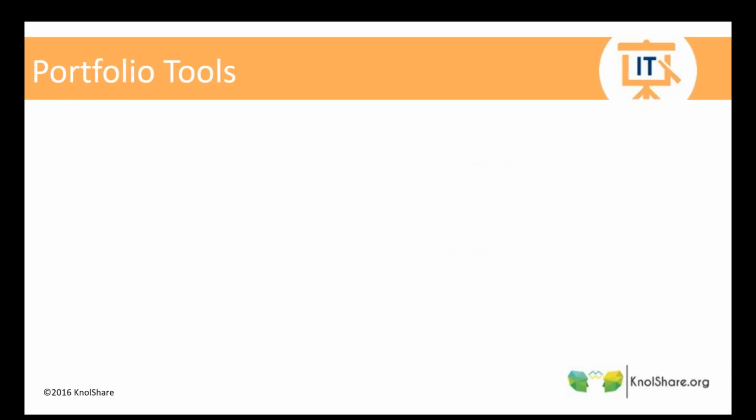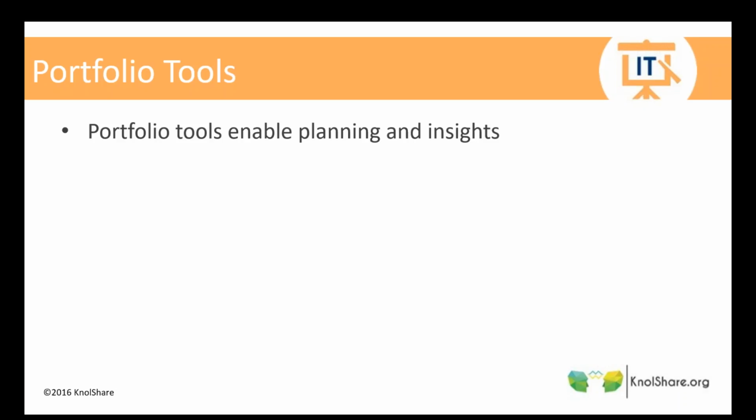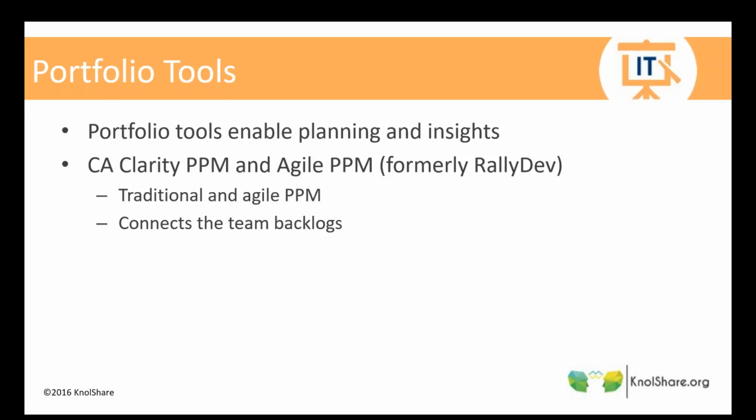But we should look at a tool that we could use to share information with multiple people across the organization. And so I would recommend that we definitely get a portfolio tool to store our strategies and our Agile portfolio items. So I'm going to recommend one tool that I've used in the past, which is Computer Associates.